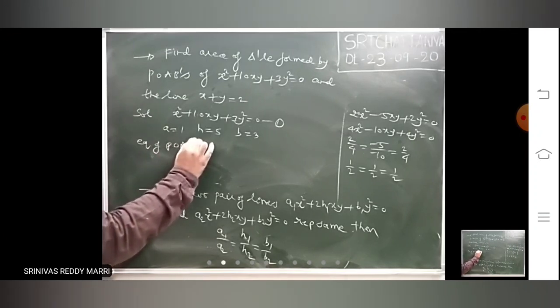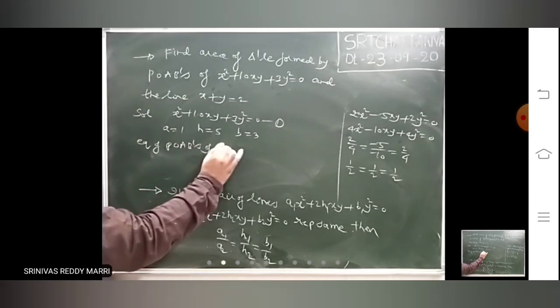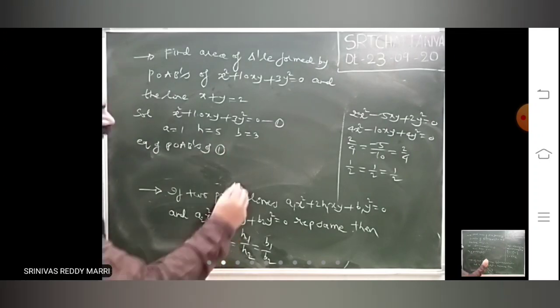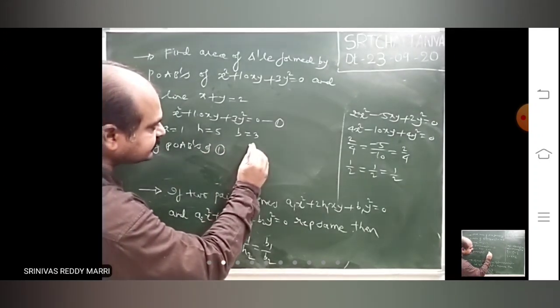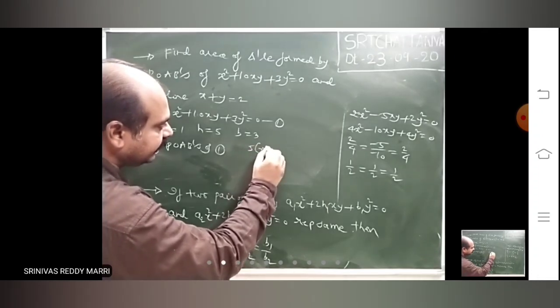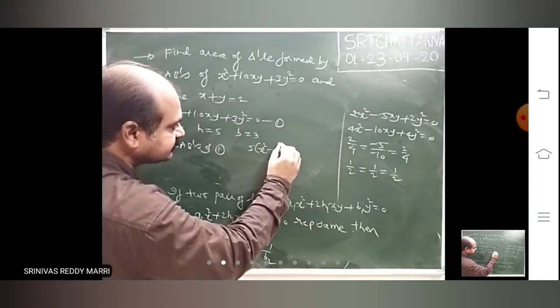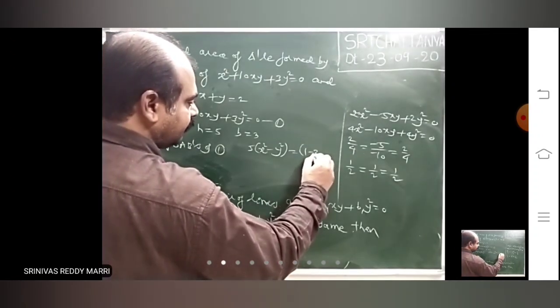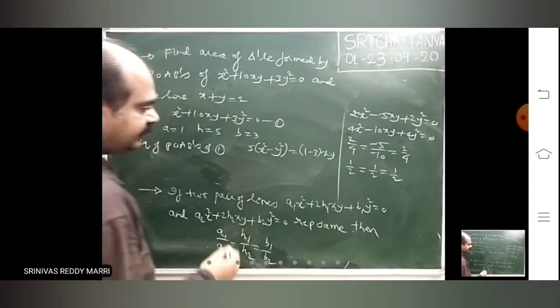The equation of the pair of angular bisectors of 1 is, by the formula I told, H into x square minus y square equal to A minus B into xy.